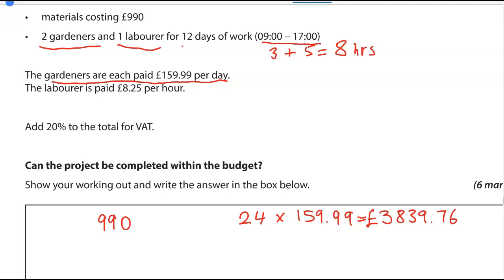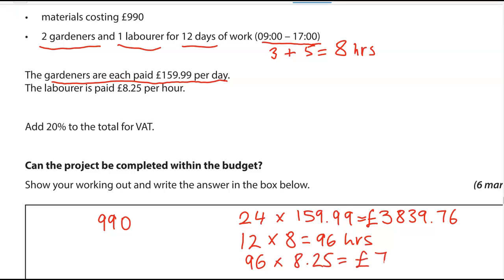But it's 12 days. So 12 times 8 is 96 hours. So 96 hours, £8.25 each hour, gives us £792.